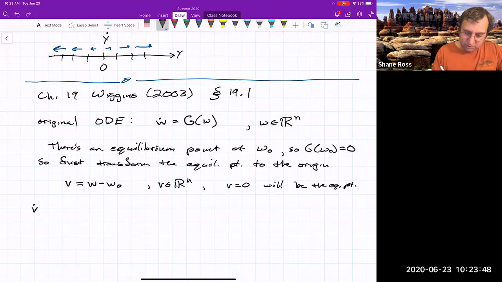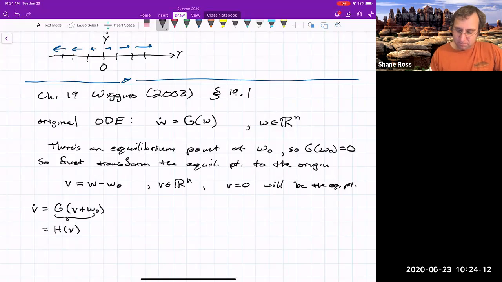And what are the equations for V? Well, V dot is going to be W dot minus W naught dot, but that's just a constant, so that goes away. So we'll have this, and we're going to write this as a function H of V. That just makes life easier. So H of V, it's not the Hamiltonian, we're just running out of symbols. H of V is just defined to be G of V plus W naught.